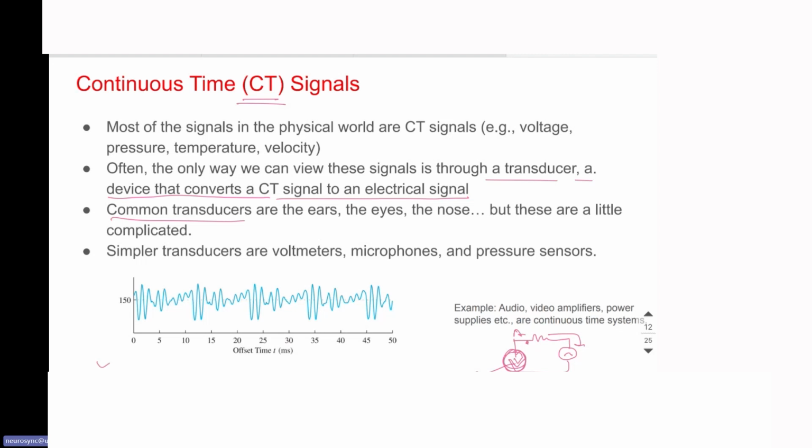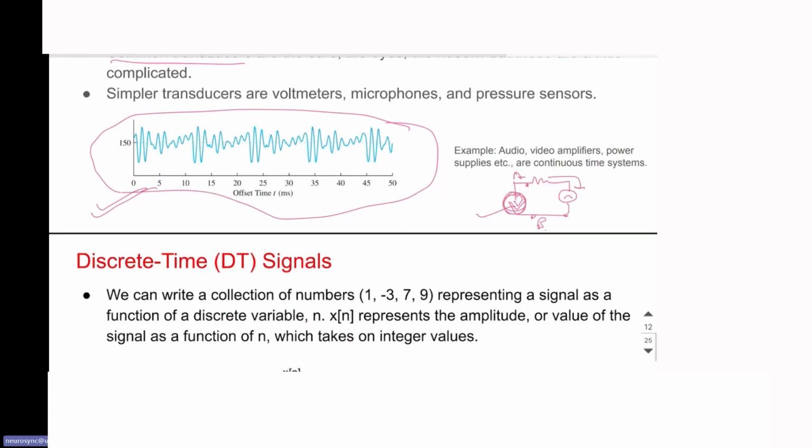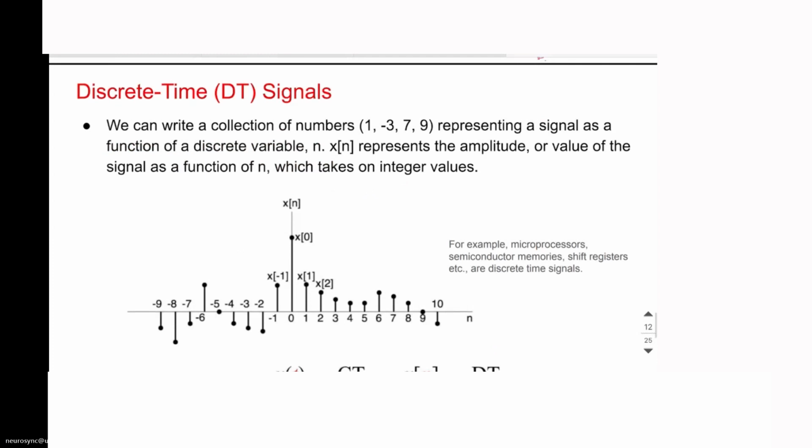The general representation of a continuous time signal is like this; you will see the signal in this pattern. This is just some audio signal, so this is the continuous time signal. Now, how is the discrete time signal? It will look like this, with time samples on the x-axis.